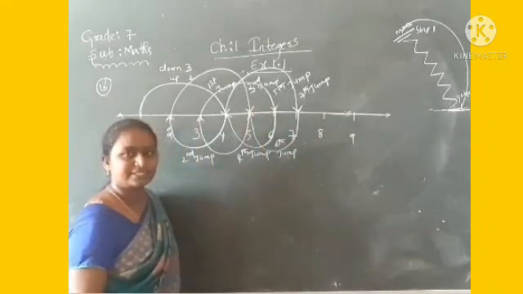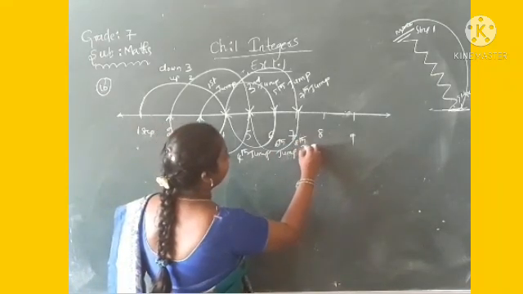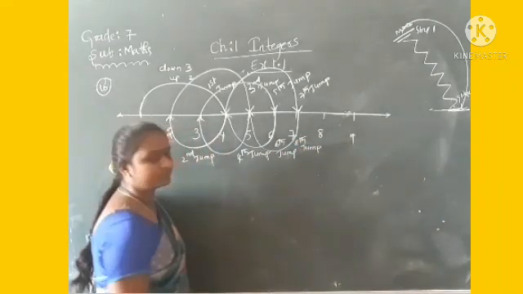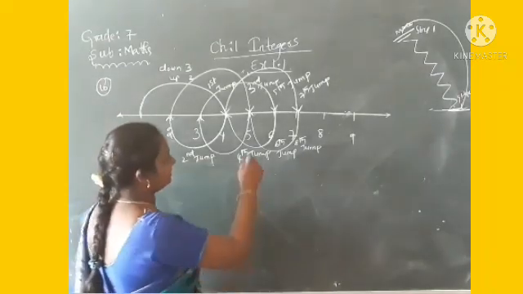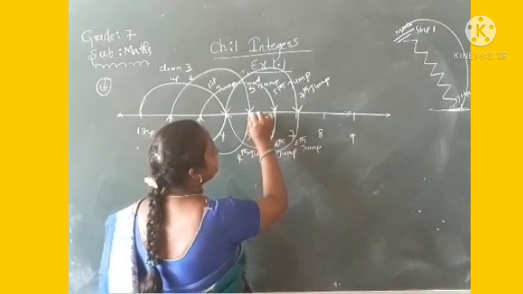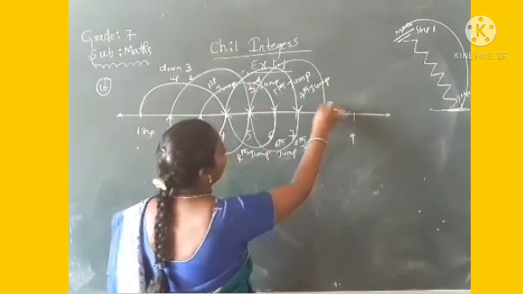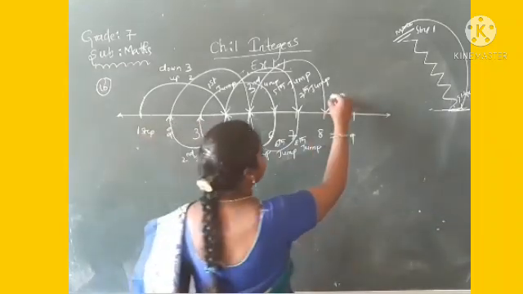Very good. Step 5, so that is the 8th jump. Next, now the monkey is at step 5. So 3 steps down again, 5 to 8. Very good. This is the 9th jump.